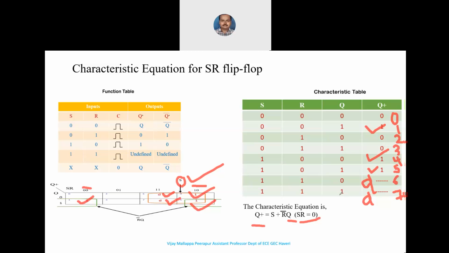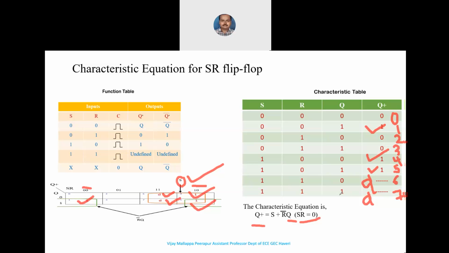Everyone understood this one? How to come with a characteristic table by looking at the function table, and from the characteristic table how to put the values into the K-map and come with a characteristic equation. Now the one exercise I want to give is to do the same: come with a characteristic equation for the JK flip-flop, D flip-flop and T flip-flop.